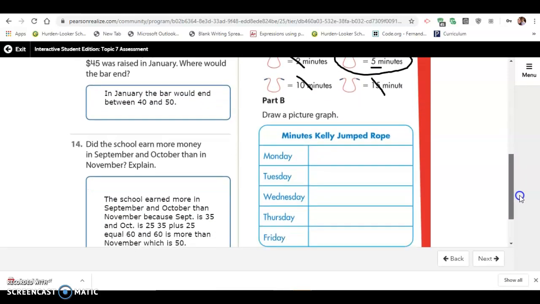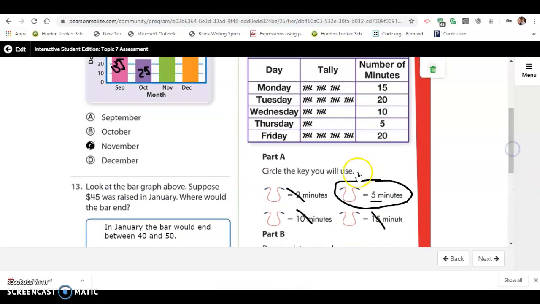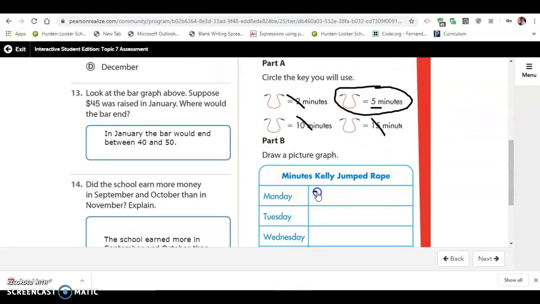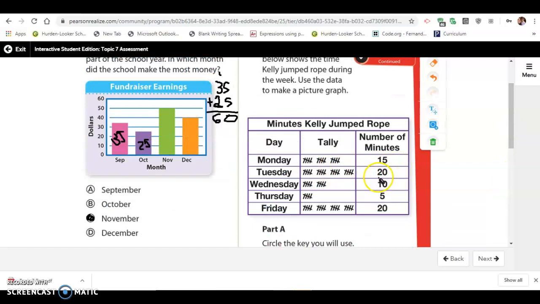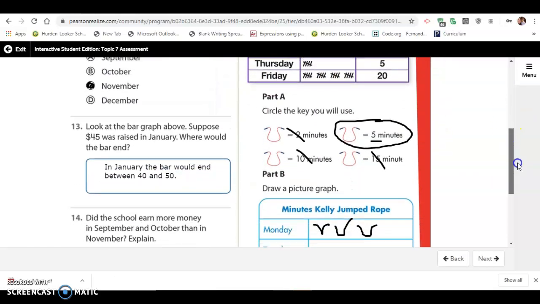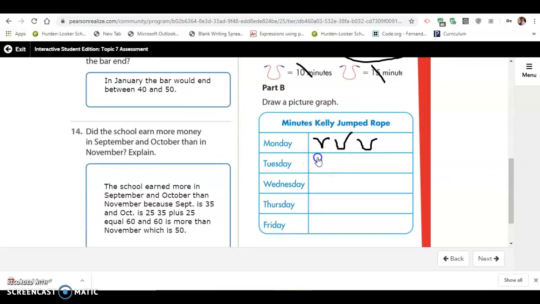rope. So Monday, Tuesday, Wednesday, Thursday, Friday. Monday, what times 5 is 15? 3. I'm going to draw 3. 1, 2, 3. Tuesday, well, 4 times 5 is 20, so I'm going to draw 4.